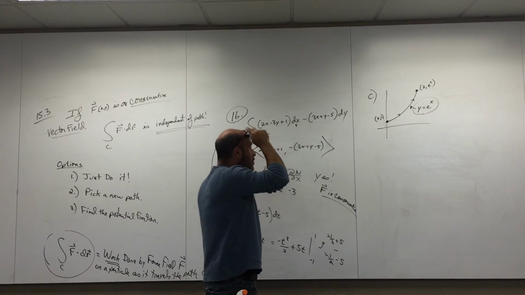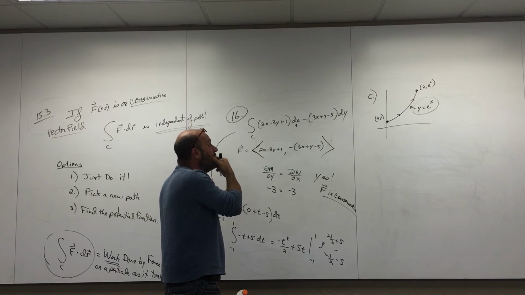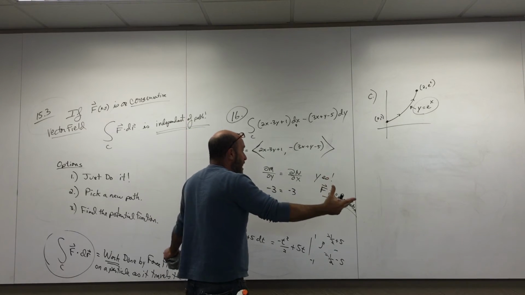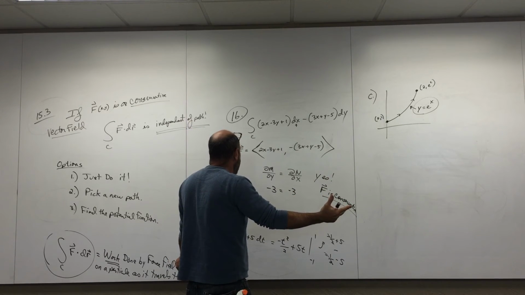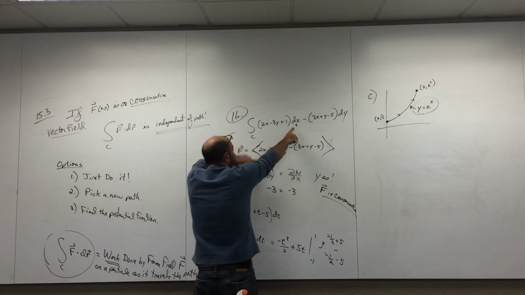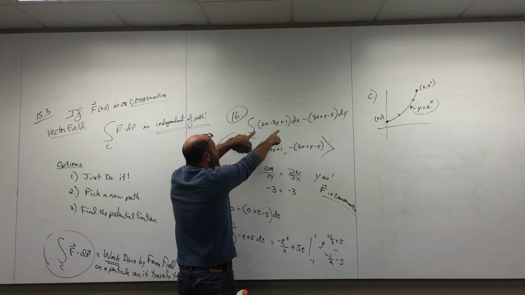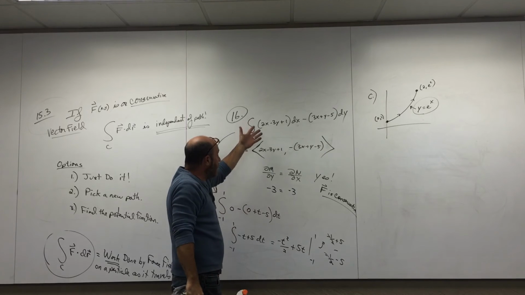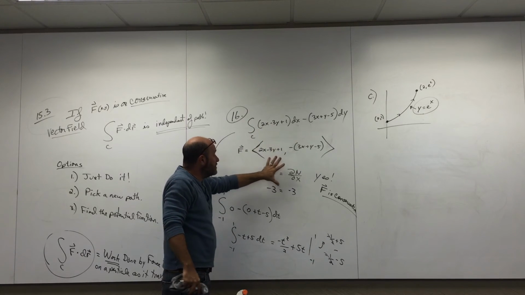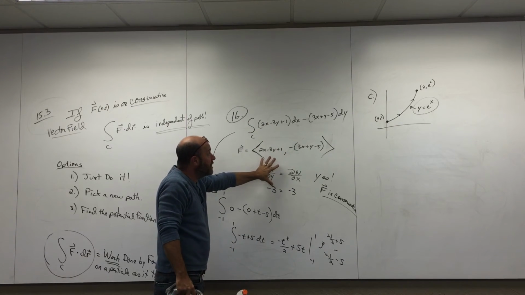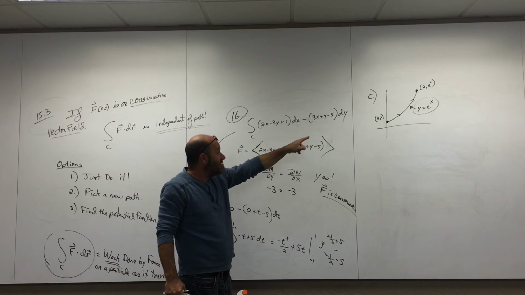All right, cool. And so here I go. What am I doing? I want to do this integral. But we already checked: the vector field is conservative, so I have options. Do you want to do that path?